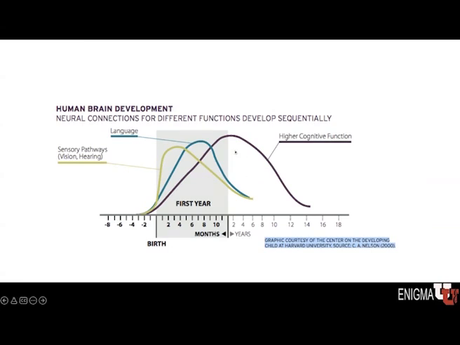And so it's specifically in this figure, it's showing the development of the neural connections that underlie each of these different functions. So you need to have the connections in place for sensory information to be processed appropriately, vision and hearing. And then you need to have the connections in place that will support language skills. And then later on, to have those connections in place to support the higher cognitive functions.